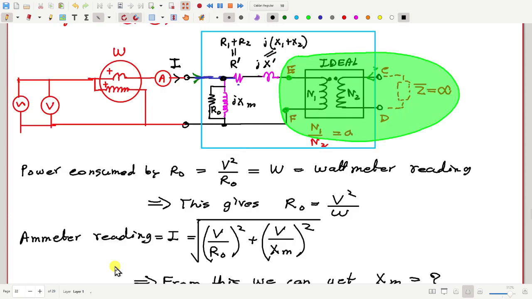Now, to do this test, how much voltage can we apply to this primary of a transformer? Can we apply any amount of voltage? No, because all transformers have some rated voltage. We cannot go beyond that voltage.